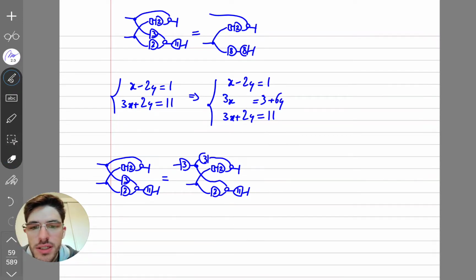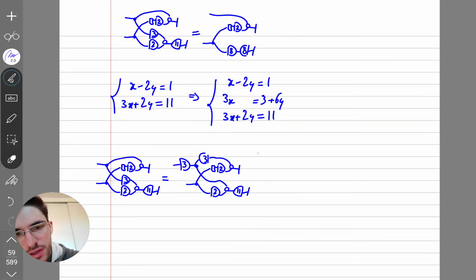So one way of reading this is that this is sort of what I'm getting. 3x equals this, and then I'm putting it in. And then I've got 3 plus 6y plus 2y equals 11. And that's what I want to get. So 3x is this node here, for sure. And 3x equals 3 plus 6y.